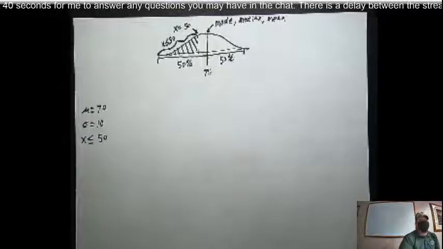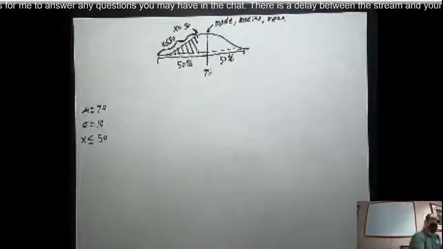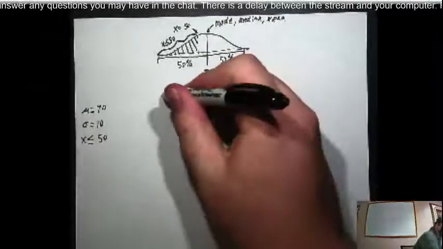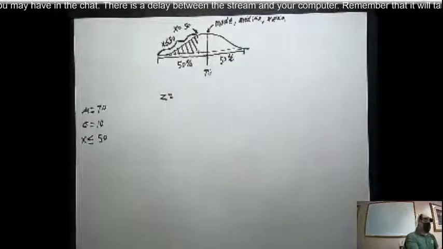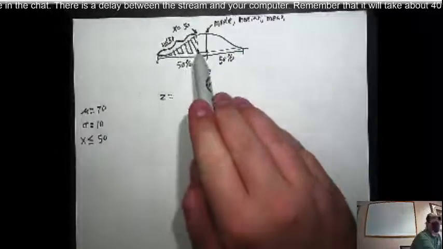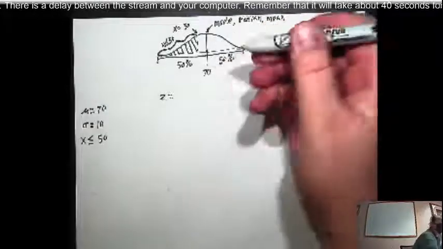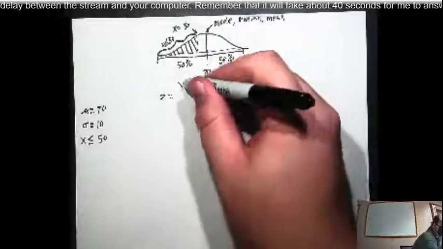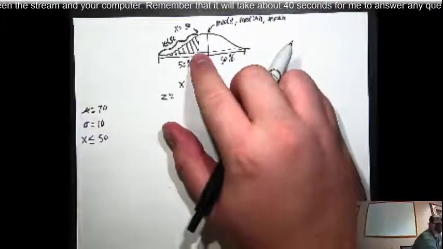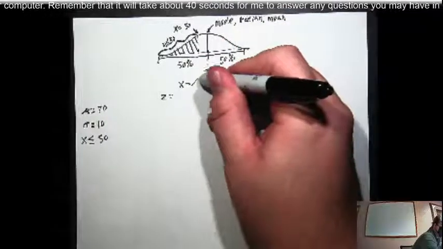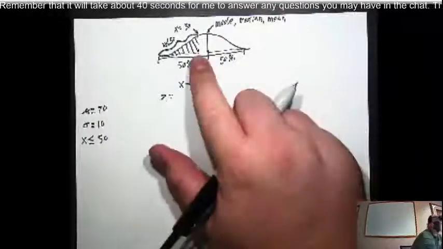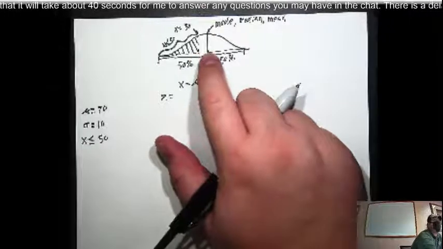So if we want to know this, what we need to find is a z-score. The z-score basically gives us a measurement of this data related to this point. So the way we calculate a z-score is we take our x, whatever this point is right here, and subtract our mean, so that we can see how far this point is from our mean.